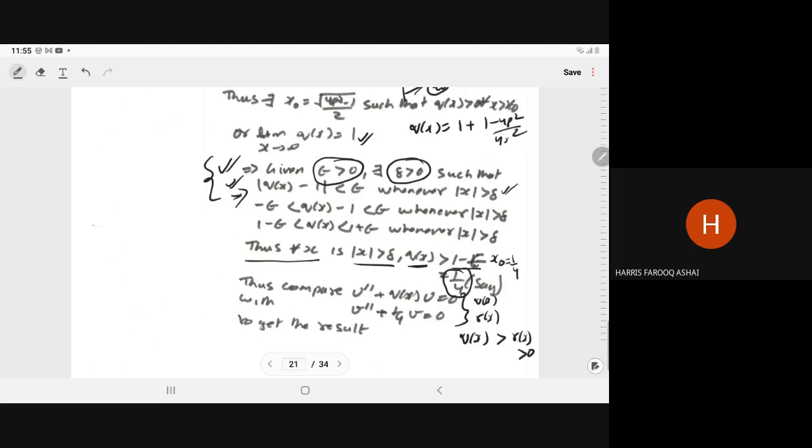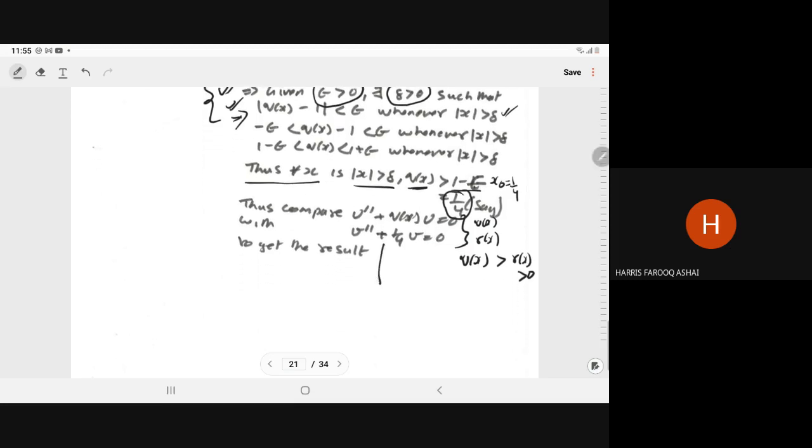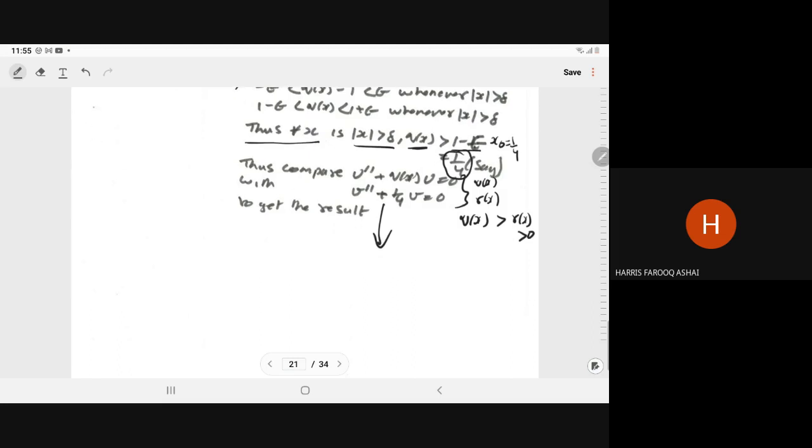So by the Sturm comparison theorem, what is the solution of this equation? m² + 1/4 = 0, it means m = ±i/2.